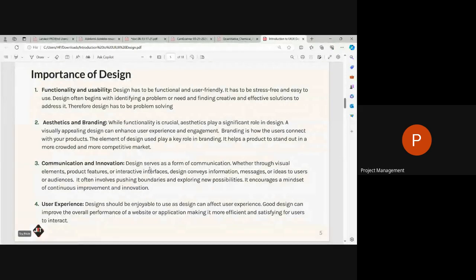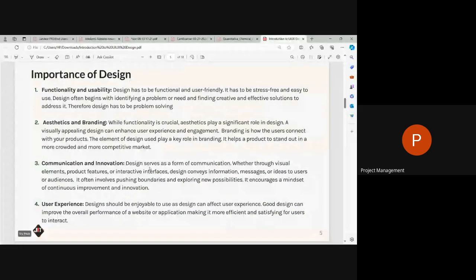Whenever your user is interacting with your products, there must not be any problem or any form of frustration from your users. So your design has to be stress free. It has to be easy to use. Your users do not have to be frustrated using your design. Your user does not have to feel lost using your products.